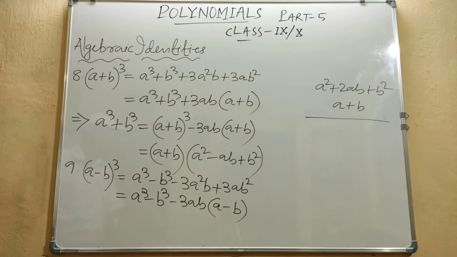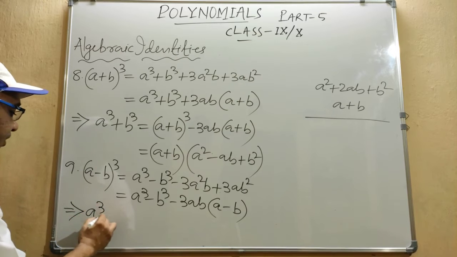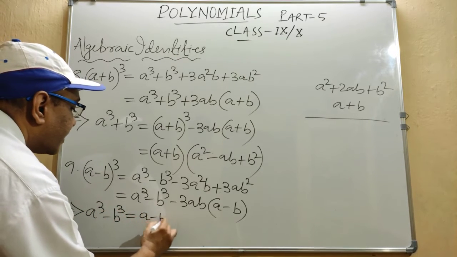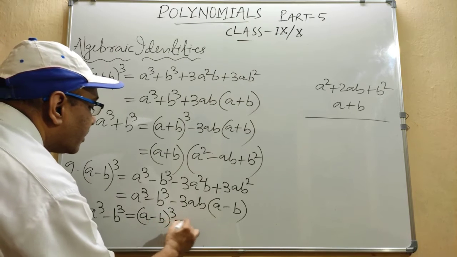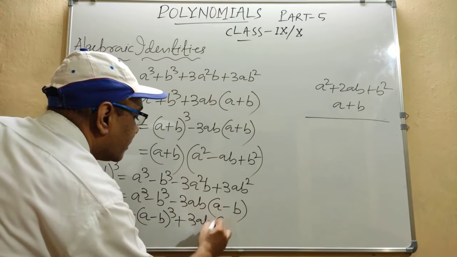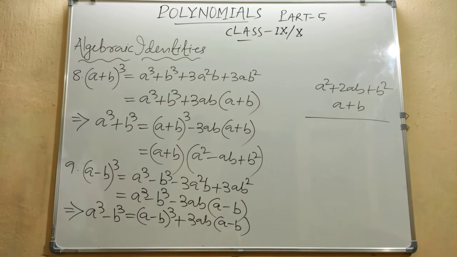That's all right. Now from here only you can write a cube minus b cube. a cube minus b cube can be written as (a - b) whole cube; this will go to that side, plus 3ab(a - b). This is your a cube minus b cube.